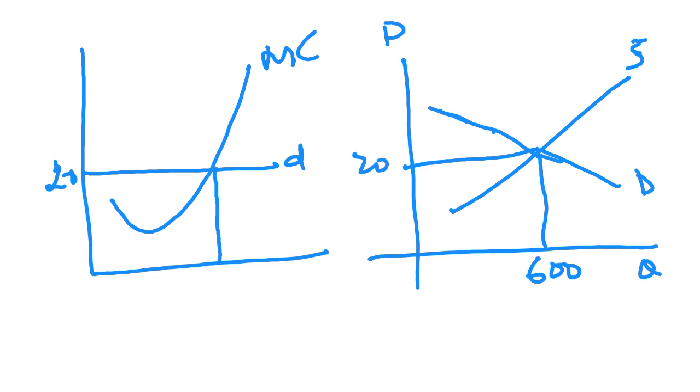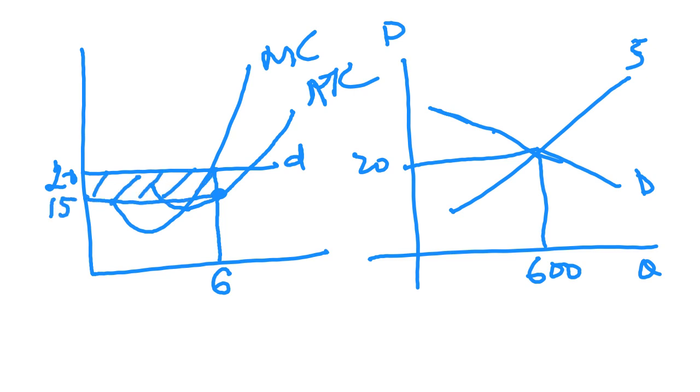Now I draw the average total cost curve like this. So this is, I told you, 15. So this is the profit.